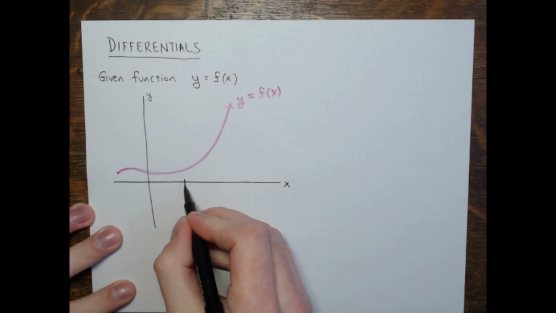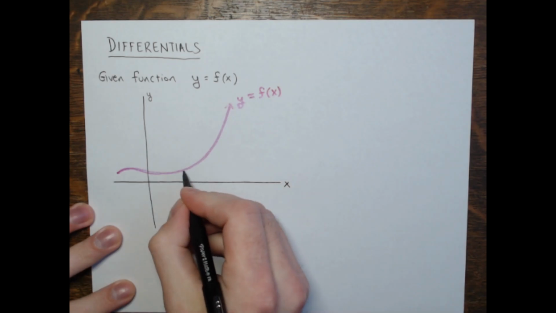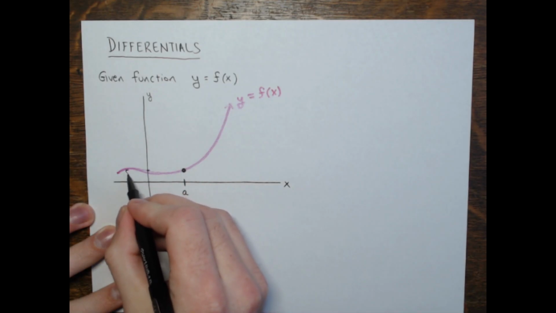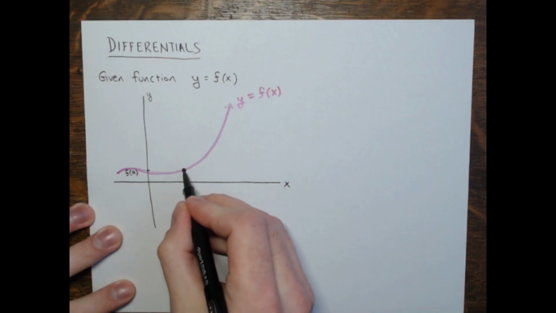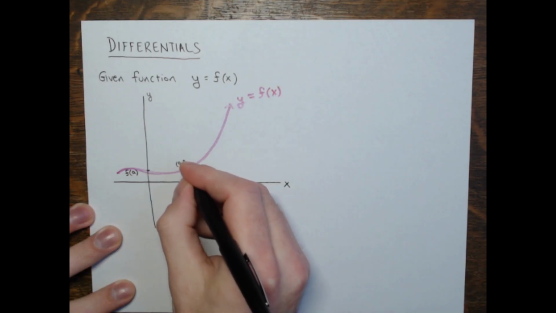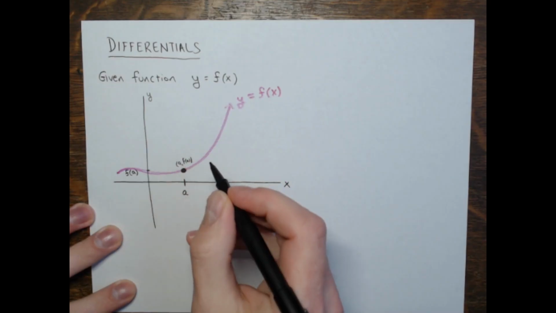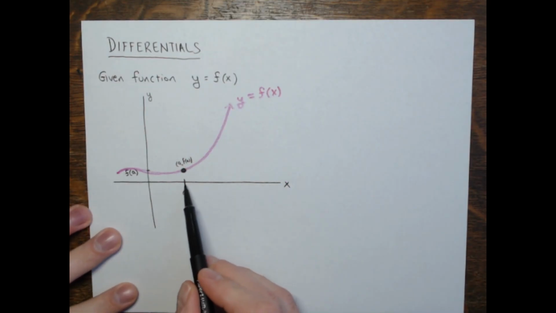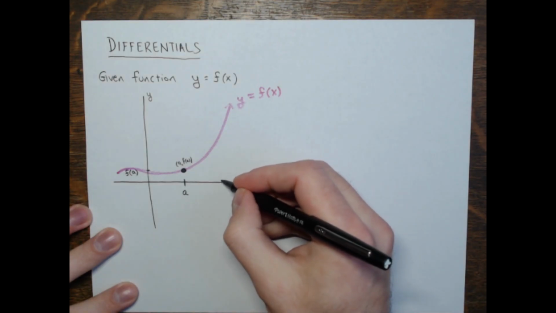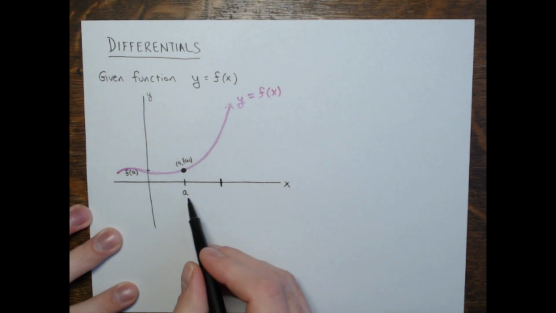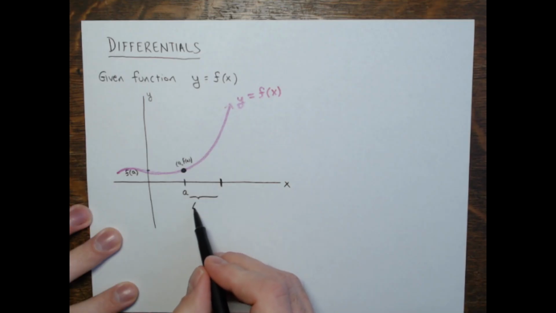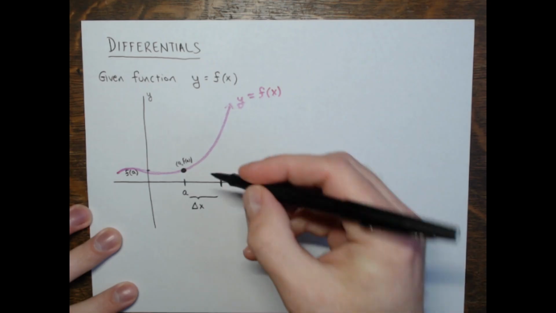Now I go to a particular value, again called x equals a. So here's the point a, f of a. And then we go a bit off of it. I'm going to go quite a bit off of it so we can tell the difference. Again, this distance that I'm going off of a is delta x.